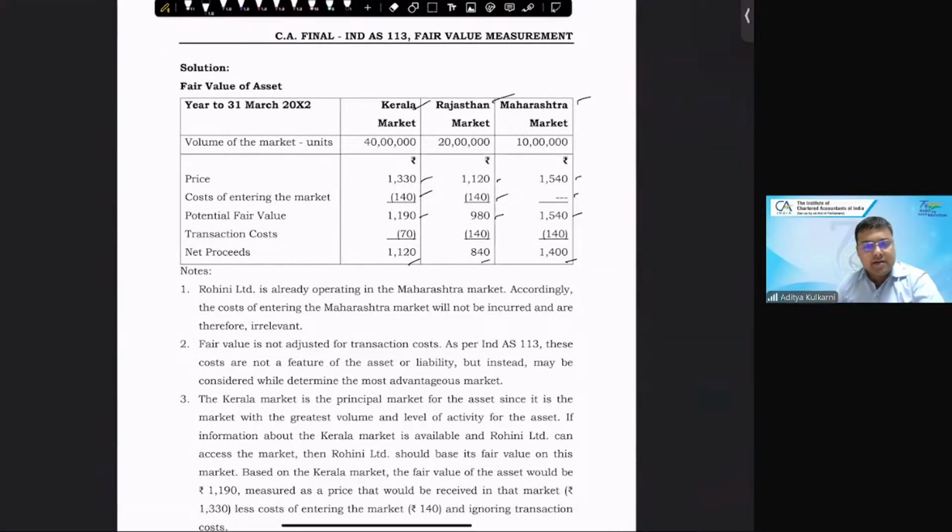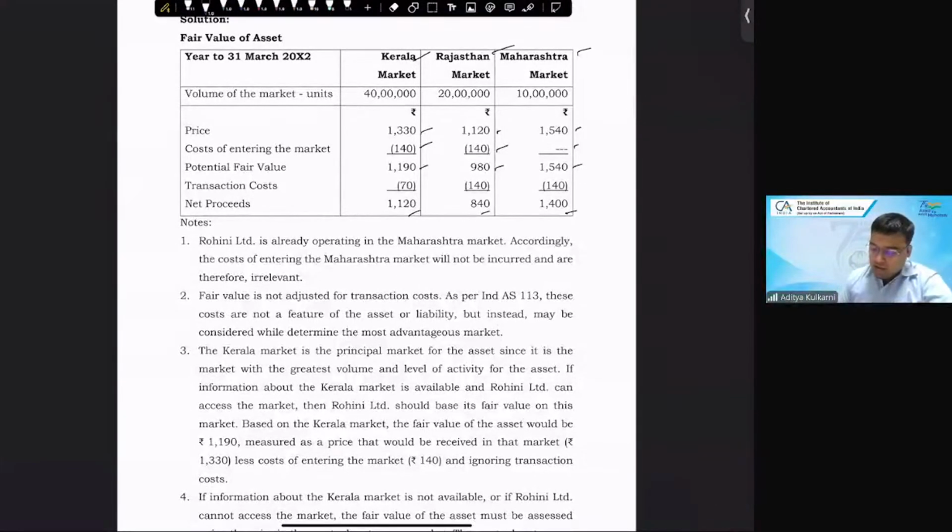Any doubts till here? No, sir. All right. Now, Rohini is already operating in the Maharashtra market. So therefore, cost of entering Maharashtra market is not incurred and therefore it is irrelevant. We will not go into the same market again, we are already settled in it. We are already settled in the Maharashtra market. Fair value is not adjusted for transaction cost.